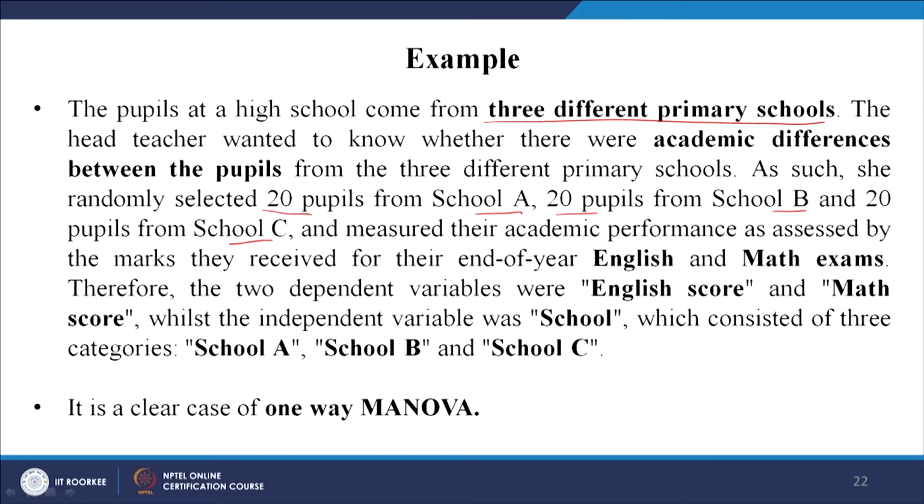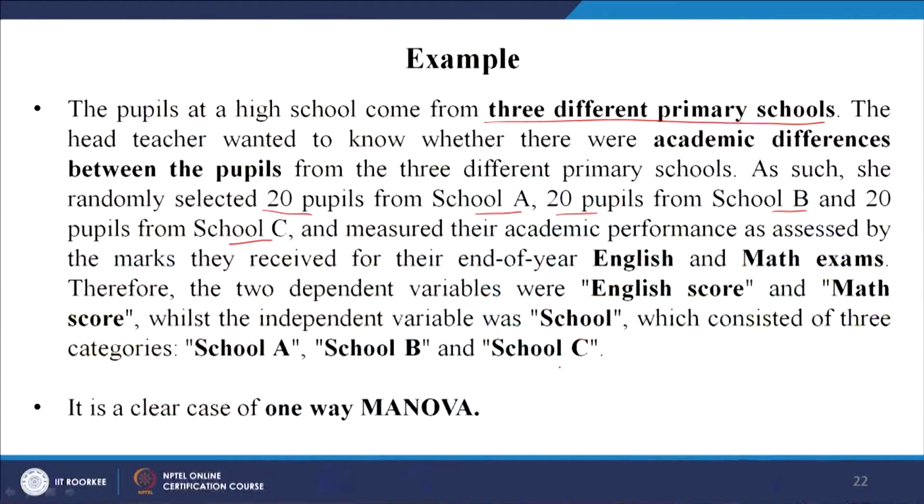In this case, what is the independent variable playing an important role on the dependent variable? The dependent variable is the score the student has scored, and which school he is coming from is my independent variable. It is only a categorical variable, A, B, C, with 3 levels. Academic performance was measured by the marks received for their end of year English and maths exams.